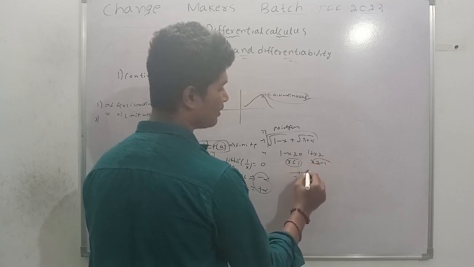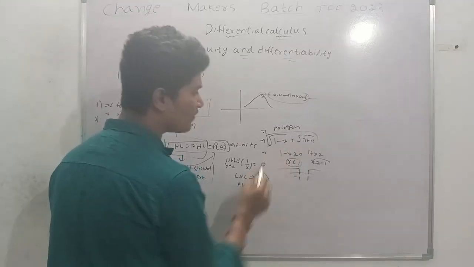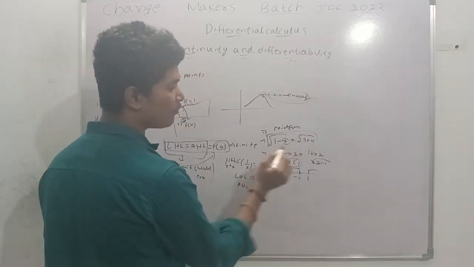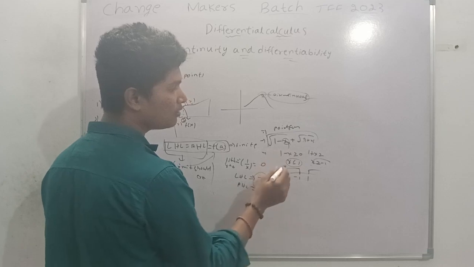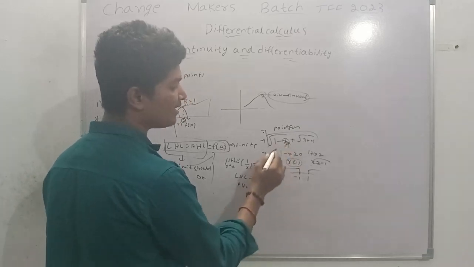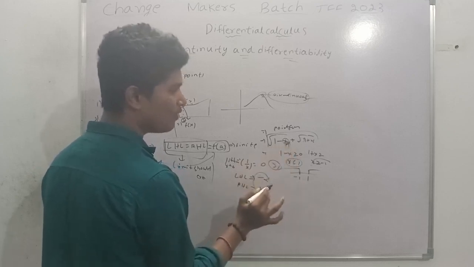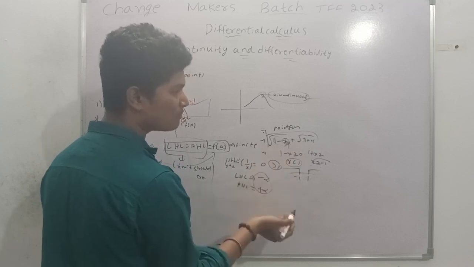So these are all point functions, because what is the domain of x? If we take a value of x greater than 1, the value under the root becomes negative.